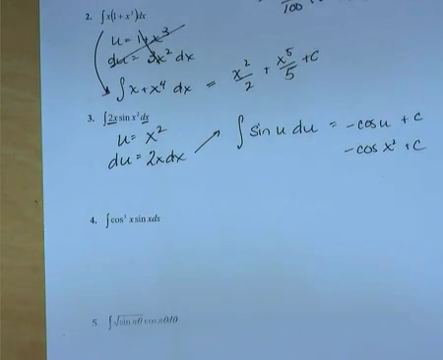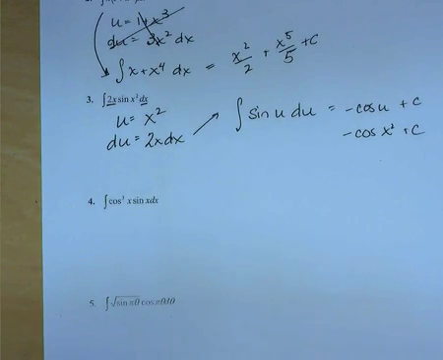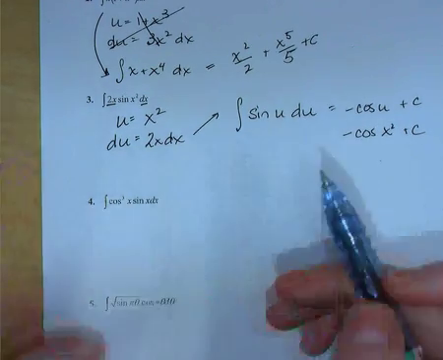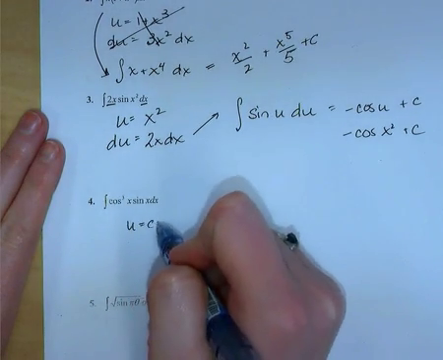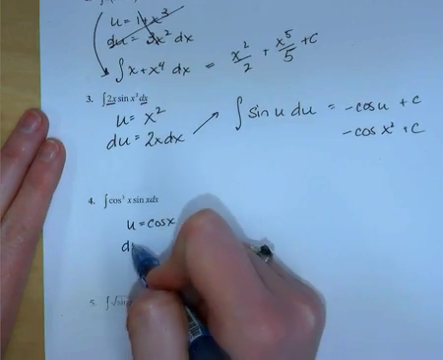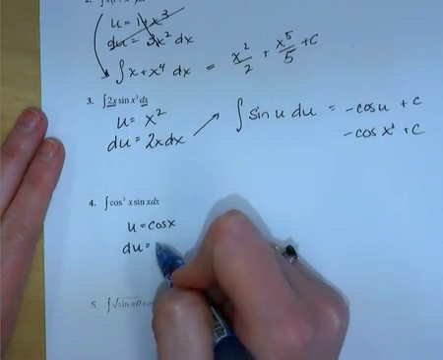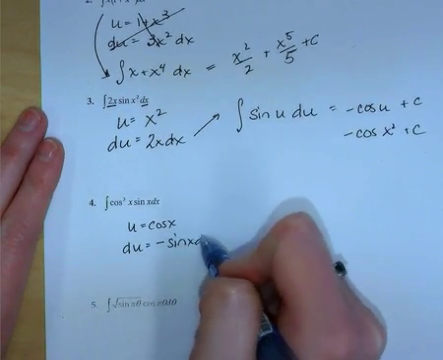If I look at the fourth question, I've got cosine cubed x sine x. So what I want to look at is the overriding fact is that I have something getting raised to the 3rd power. So that's what I want to look at to let u equal. So if u is cosine x, then du, the derivative, is negative sine x dx.